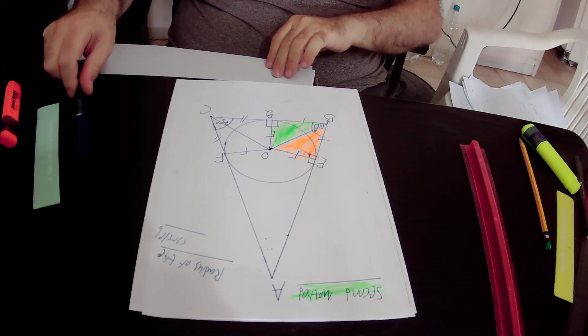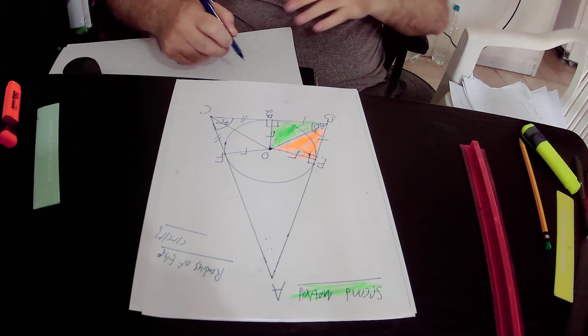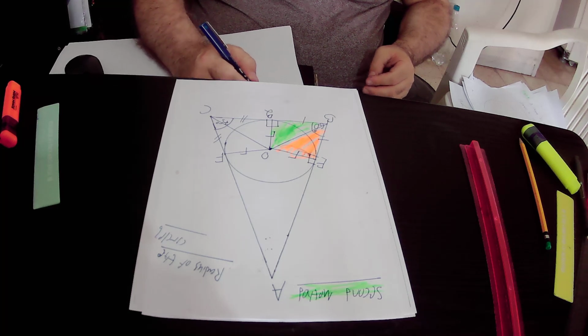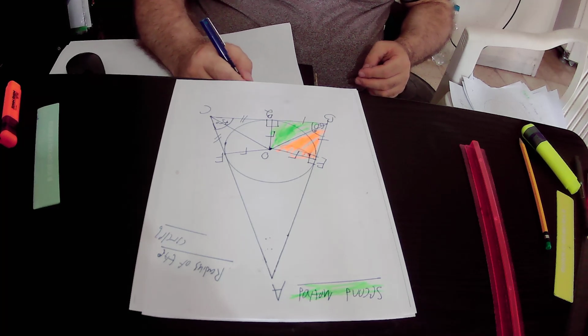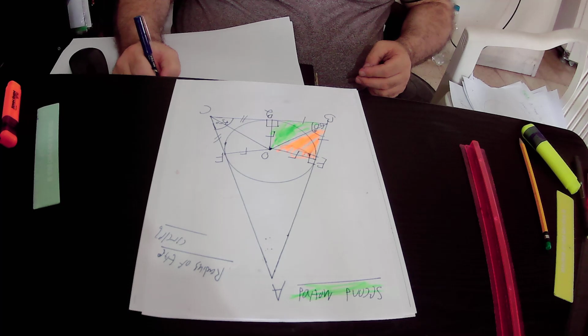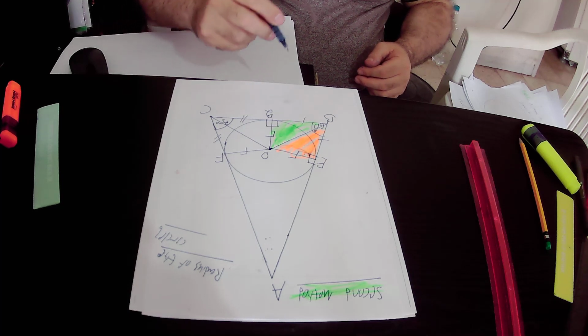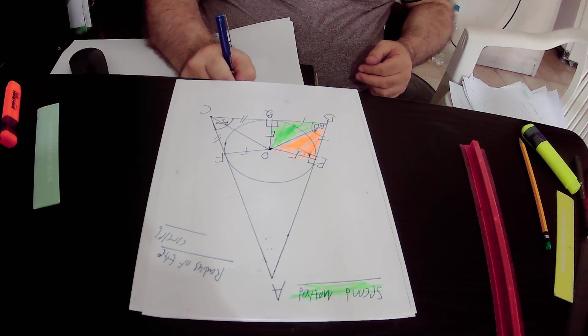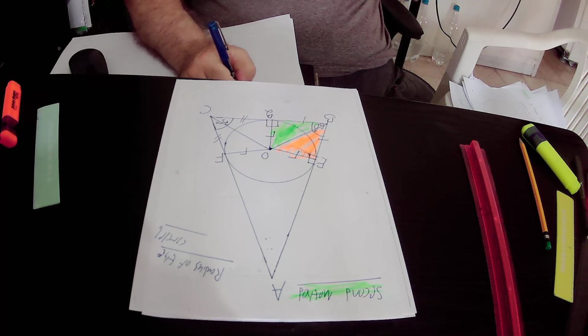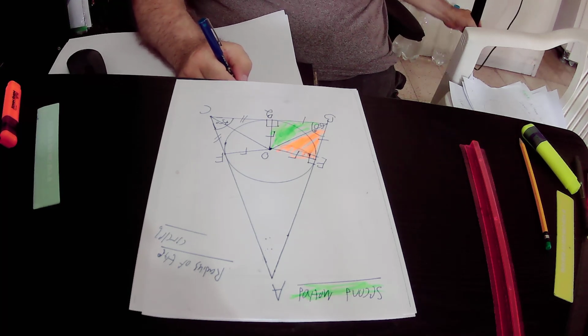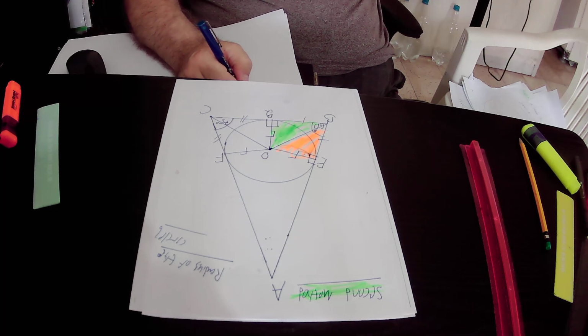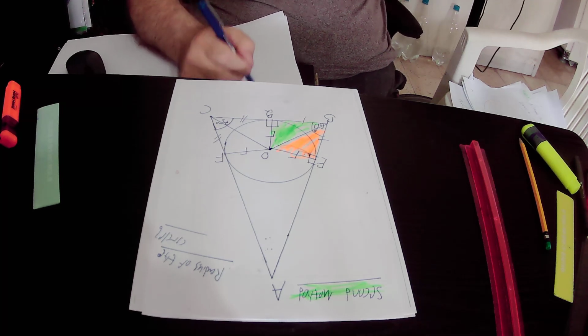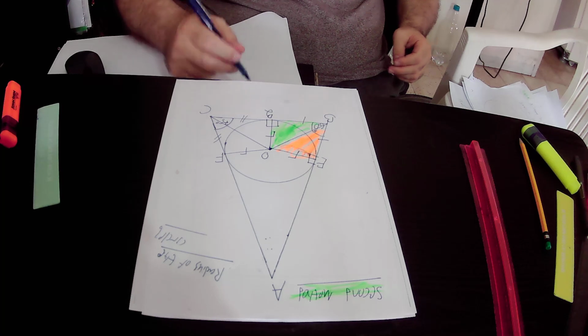So we prove that those two right triangles are congruent to each other. So here we have the green triangle, which is triangle BOD, and the orange triangle, which is triangle EBO.